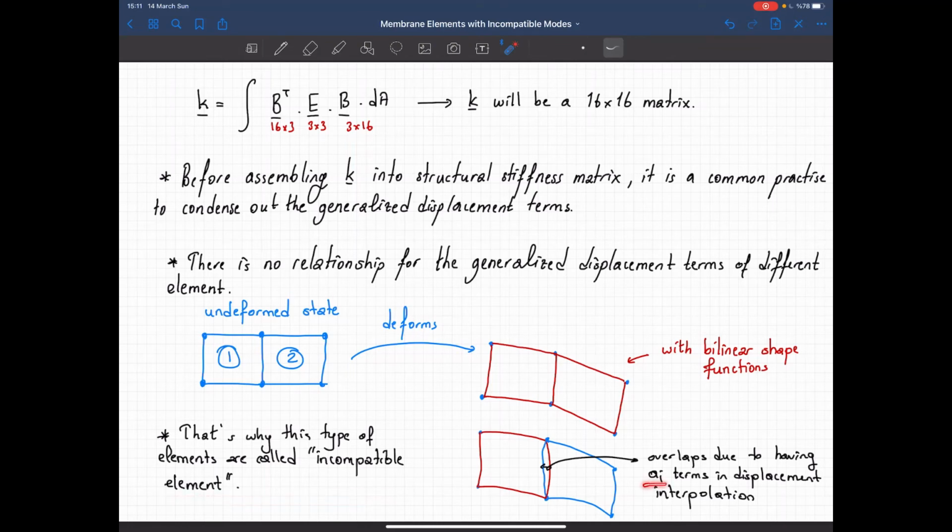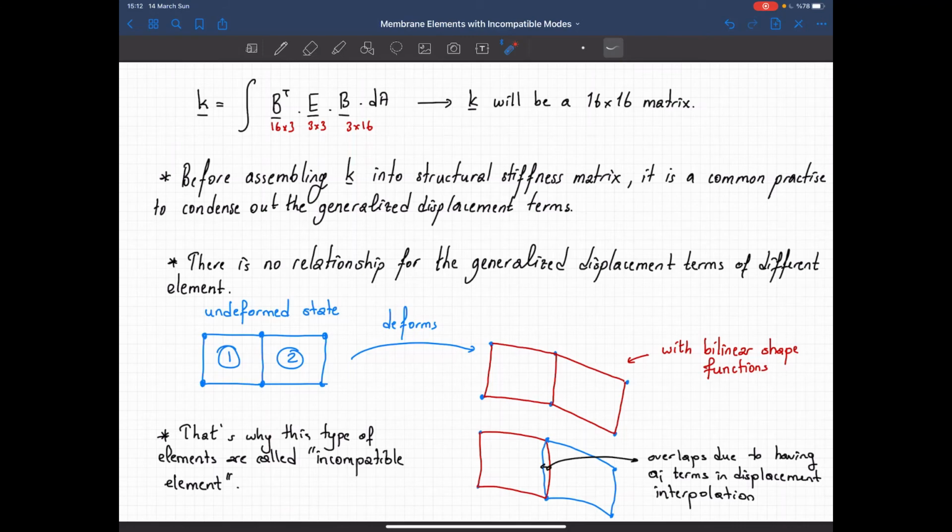Due to having these AI terms, the generalized displacement terms in our displacement interpolation, and since we don't have any relationship that links these AI terms between different elements, as the final step when you calculate the nodal displacement and plot the element deformation of every element, you see that the edge displacements of the elements are not compatible. They are not the same because of these AI terms. That's why they are called incompatible elements.